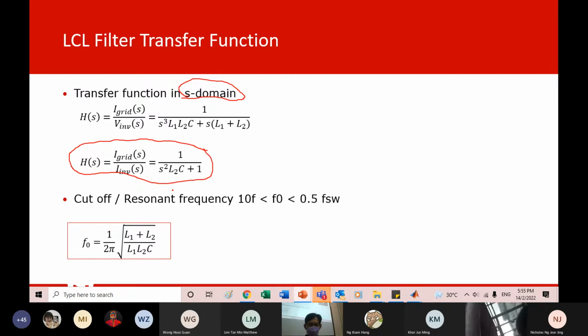And of course, the resonant or cutoff frequency, to verify whether your design is correct, is still the same. This rule still governs: as long as your f naught, after you calculate L1, L2 and C, is in between this range, you are safe.